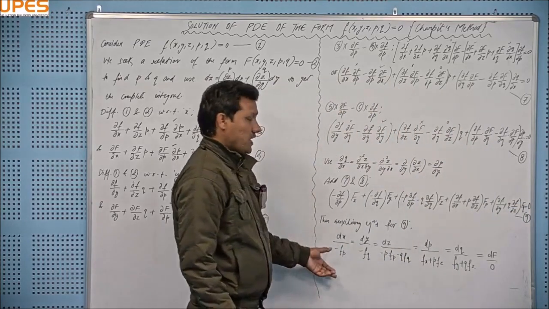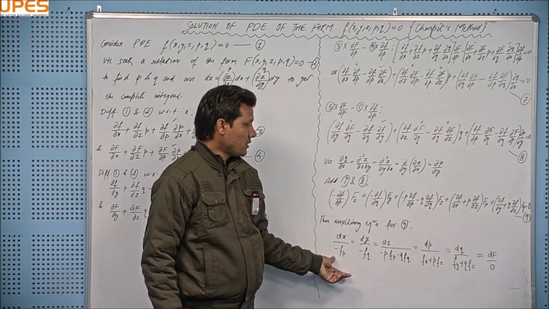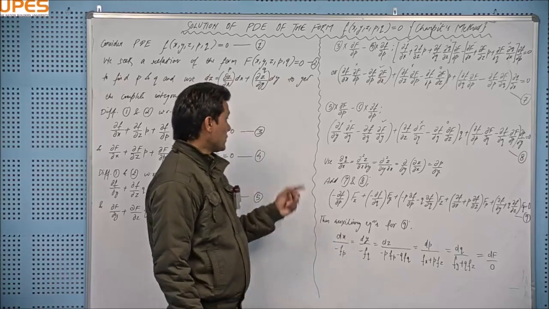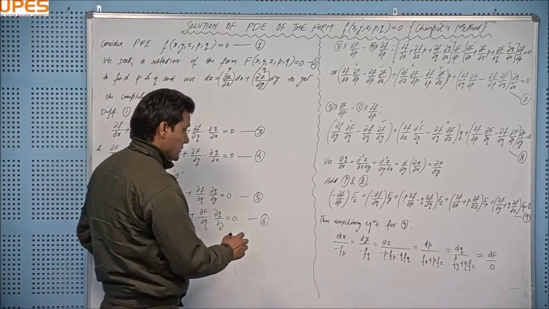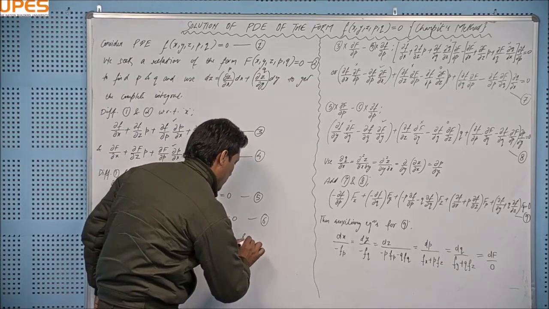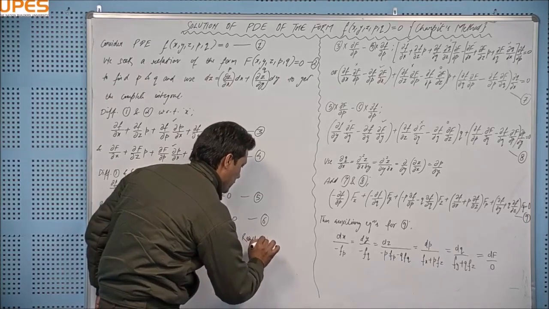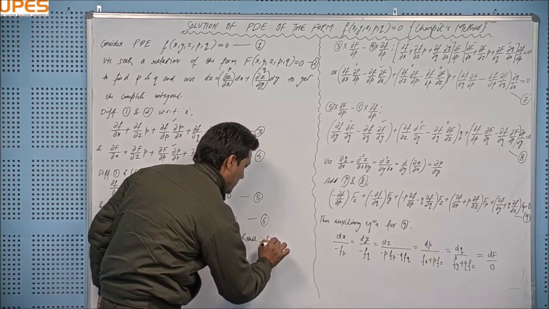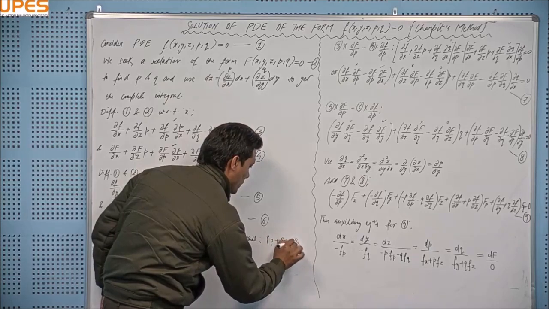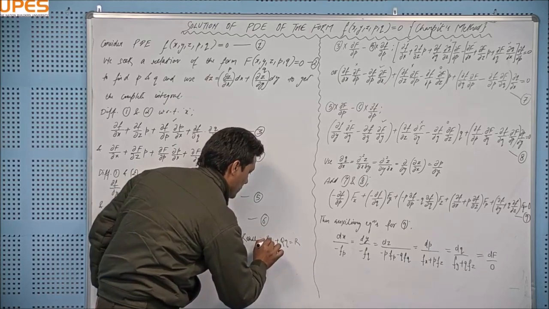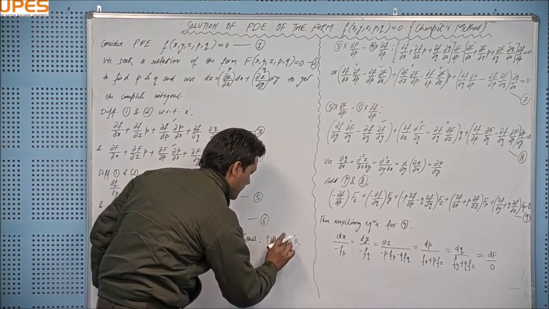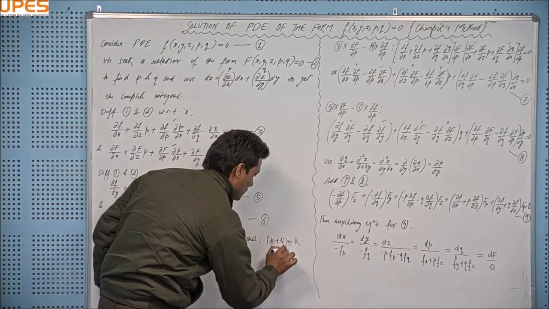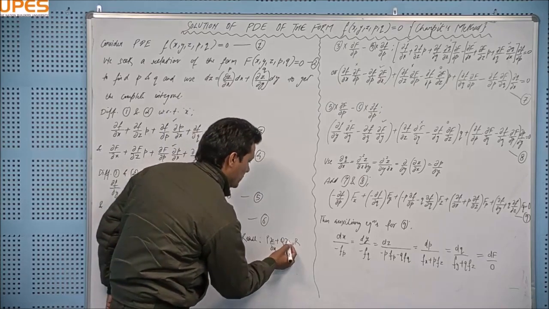And how have I written this? Recall what you did for this form, P p plus Q q equal to R. This p was del z over del x and this q was del z over del y, is equal to capital R, and this is Lagrange's form, you know that, right?